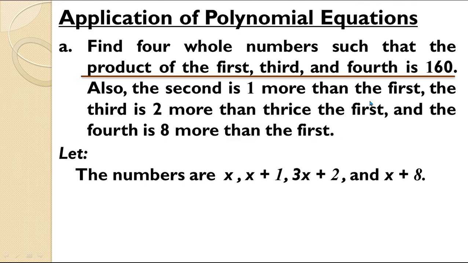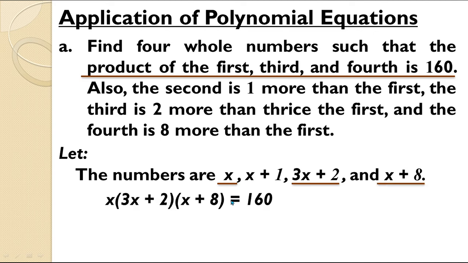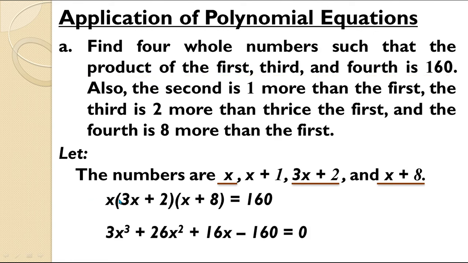So, dito sabi, the product of the first, third, and fourth is 160. So, yung gagamitin lang natin ay yung first, third, and fourth. And equate with 160. Now, multiply itong tatlo, get the product, and transpose yung ating 160 sa left side.